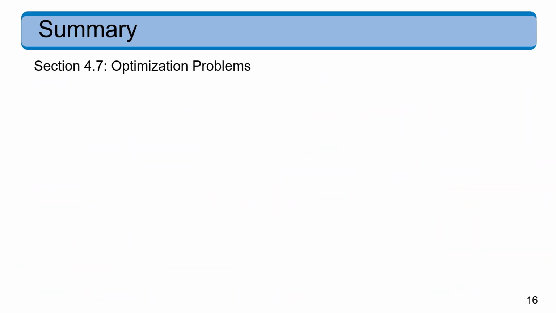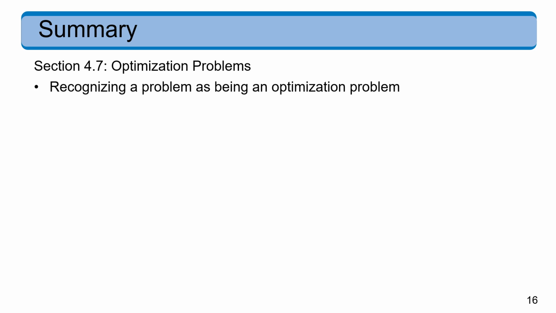So today we covered all of section 4.7. We're still in the chapter of applications of differentiation, and these optimization problems are one application. We covered, first of all, how to look at your word problem and recognize that it's an optimization problem. That's the first step so that you know to use the methods we discussed in this section.